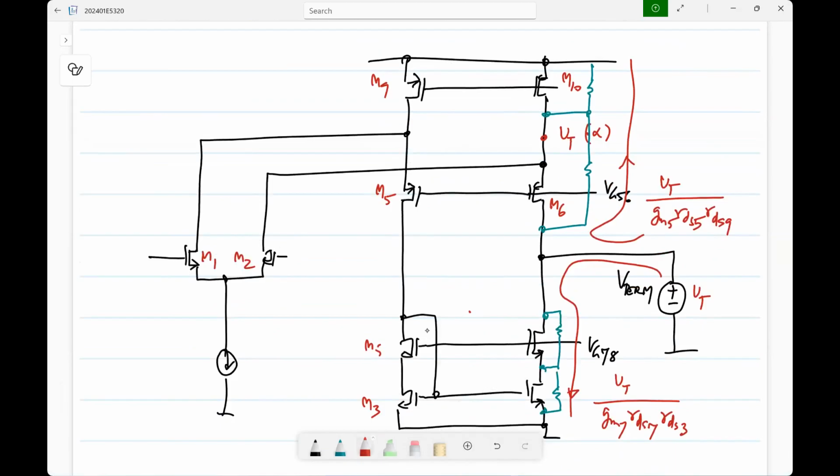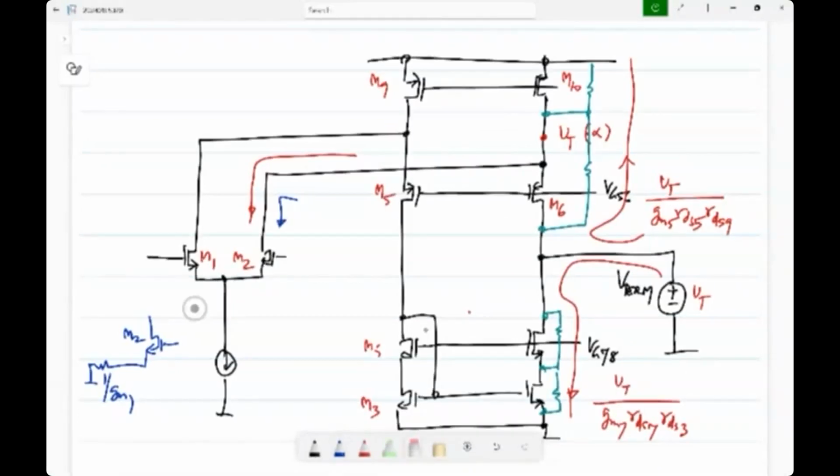Then what will be the current flowing here, or what is the resistance looking into the drain? It is twice rds1. This we have seen, right? Basically, this M2 is degenerated by 1 by gm1.